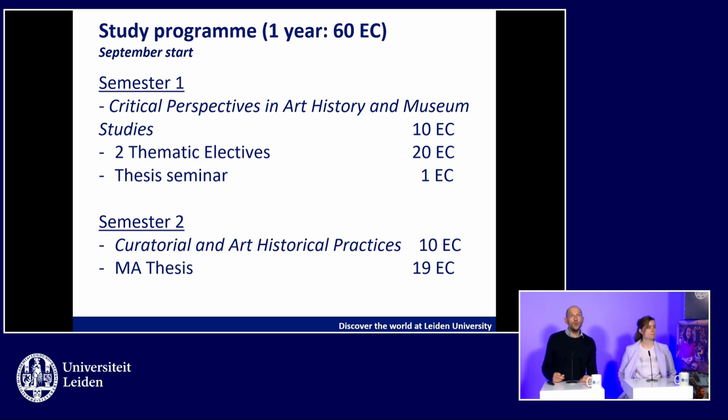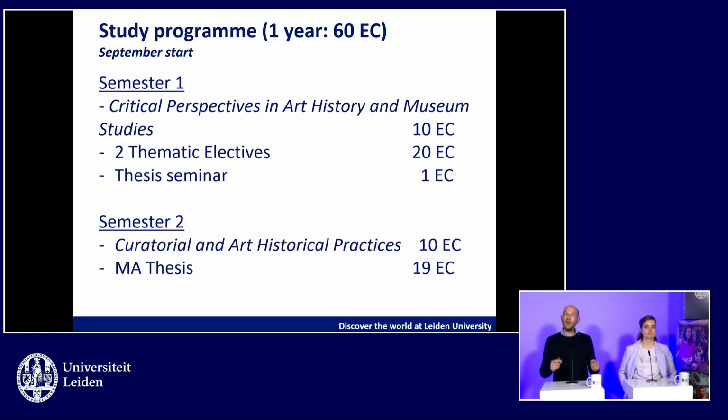And you have two electives, so you can choose two seminars, and we already prepare you towards the thesis in the second semester, in what we call the thesis seminar. In the second semester, you have core course 2, the curatorial and art historical practices, and then you will write your MA thesis. Both tracks follow those courses.